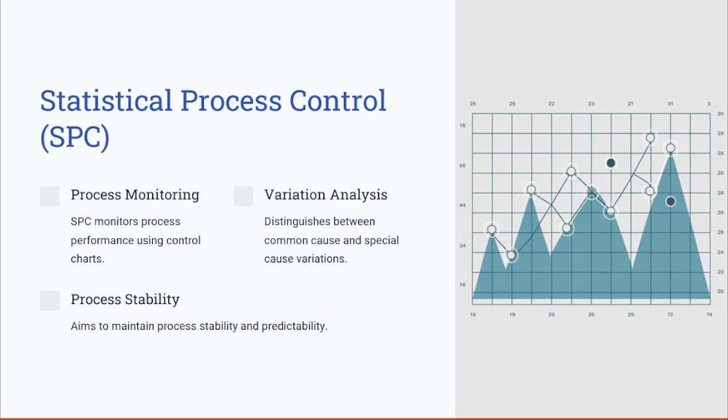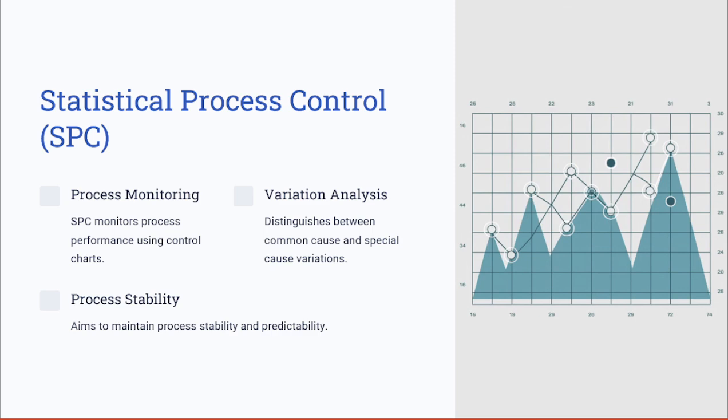To start with, one of the important tools here is statistical process control. Statistical process control, known as SPC, uses statistical methods to monitor and control the production process. By using control charts, it helps to distinguish between common cause and special cause variation.